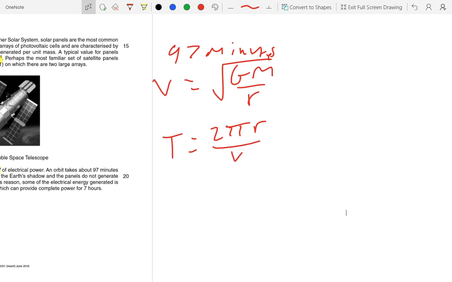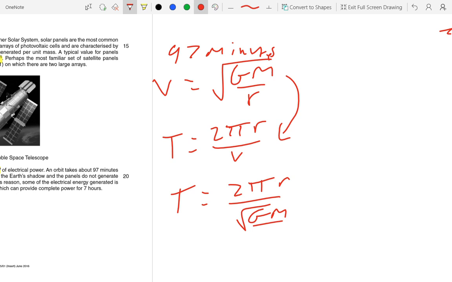So we've got 97 minutes of a time period, we'll sub that in at the end, and then we sub in our velocity into this equation here. So we've got time period equals 2 pi r over root GM over r.